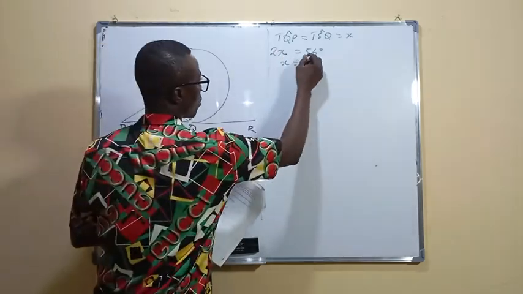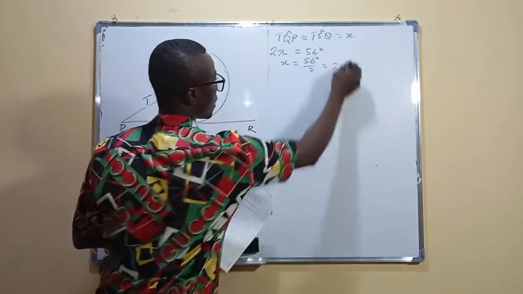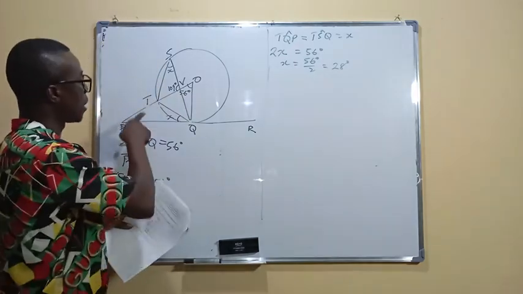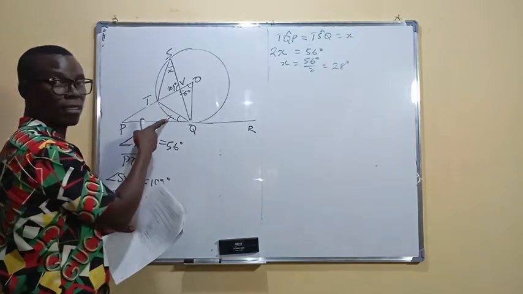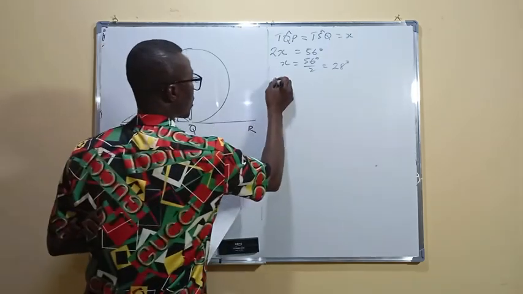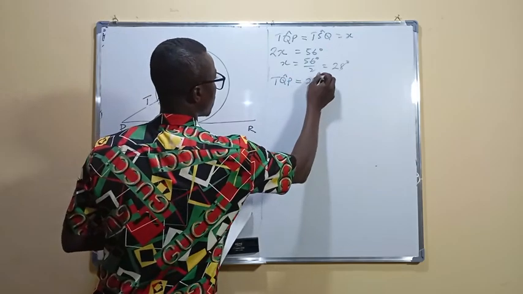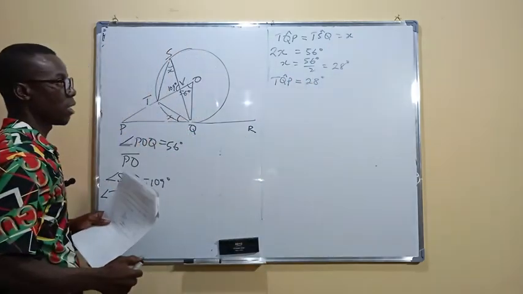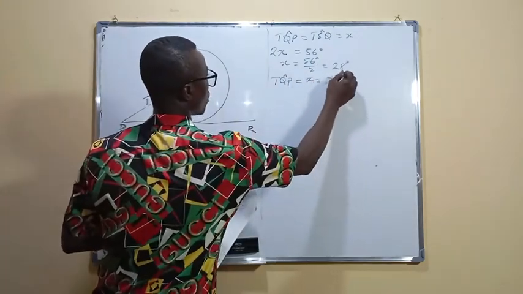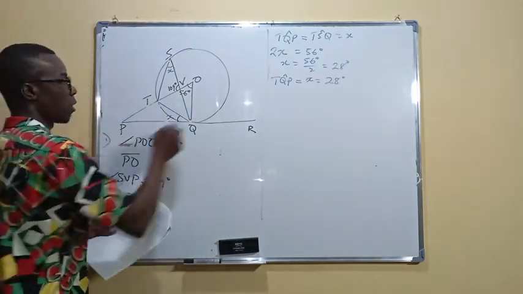That makes x equal to 56 degrees divided by 2, and that gives 28 degrees. So angle TQP is equal to x, which is equal to 28 degrees. That solves the first part of the question.